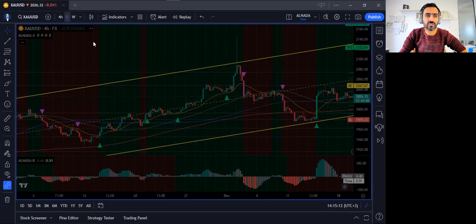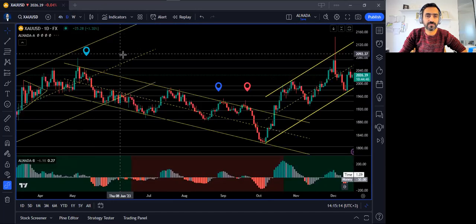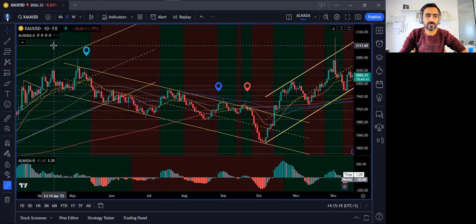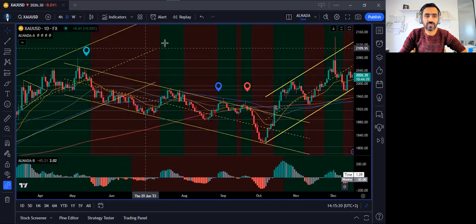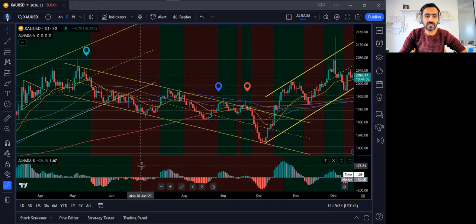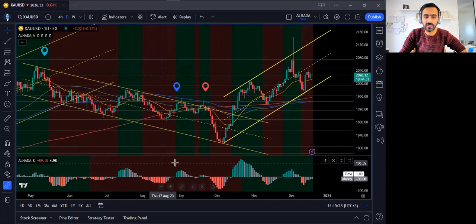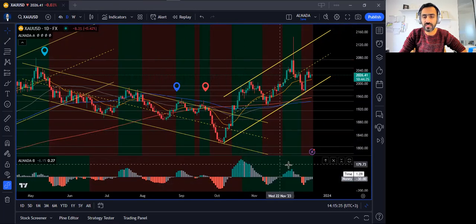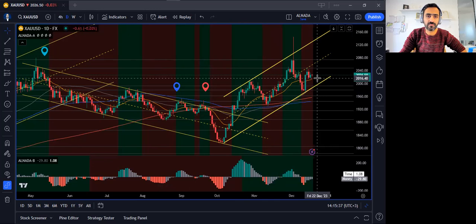If I open the chart on the daily, now I have the bearish and bullish trends for the daily. This now is the weekly. This red color is the bearish trend on the weekly, and starting from here is the bullish trend on the weekly.